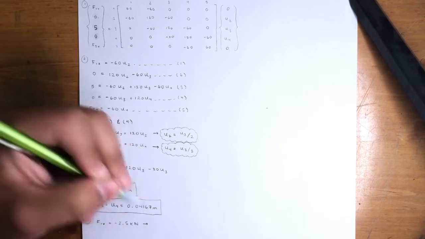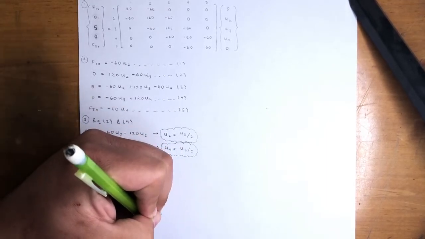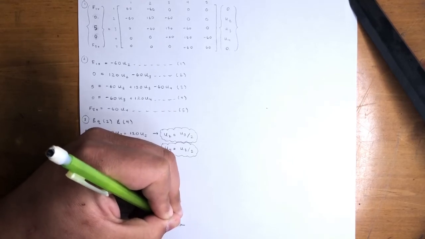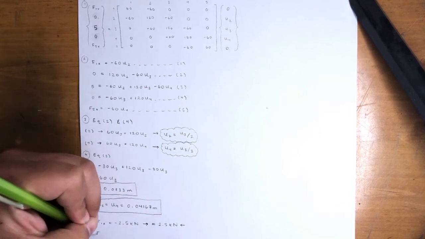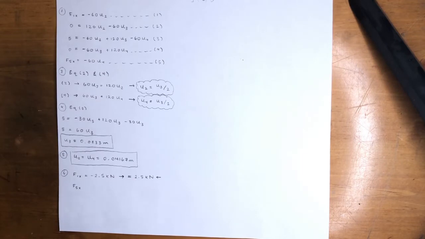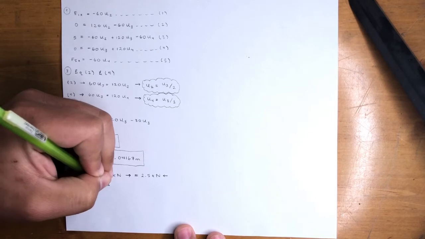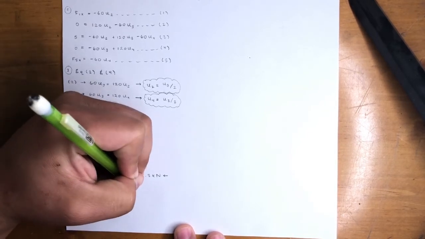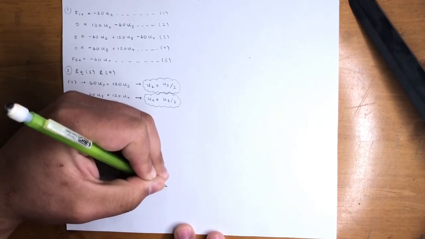So F1x is equal to negative 2.5 kilonewtons to the right, or 2.5 kilonewtons to the left. Same thing for F5x, you will get negative 2.5 kilonewtons to the right, which is equal to 2.5 kilonewtons to the left.